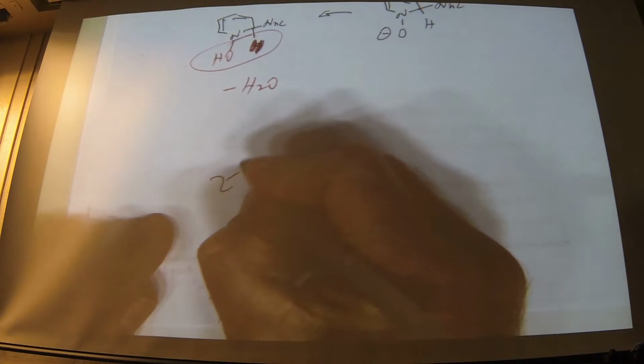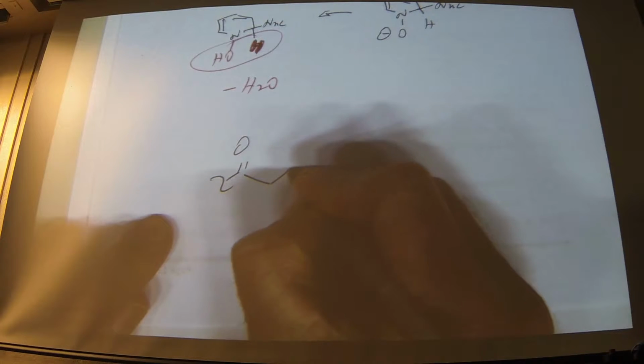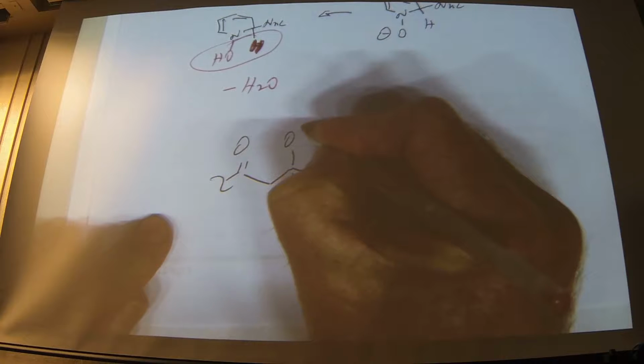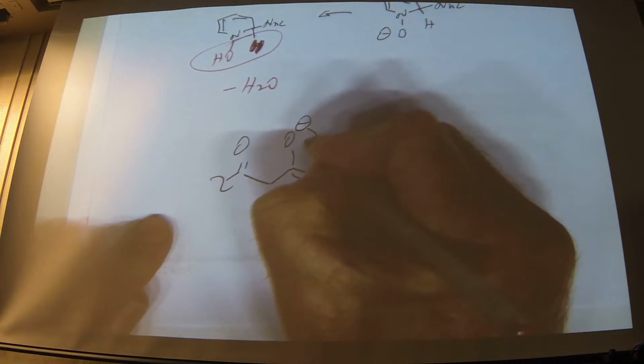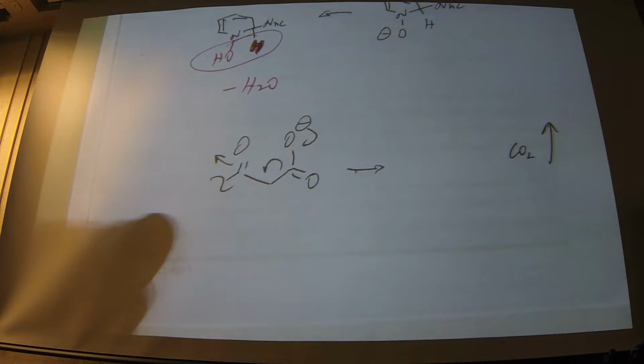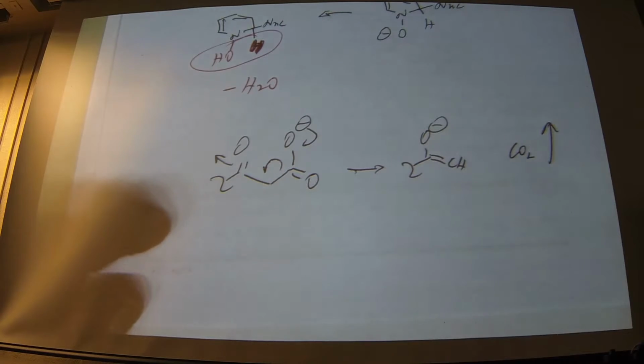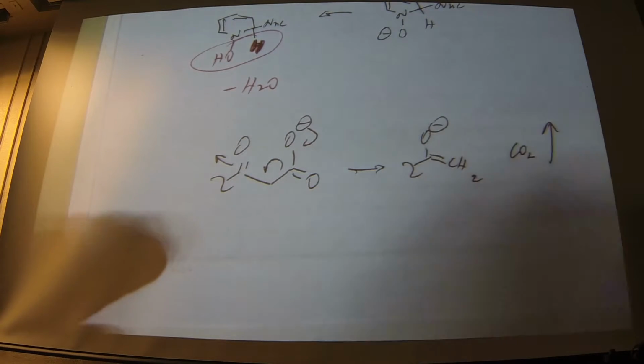If you have any kind of carbonyl, it doesn't have to be a ketone, by the way, it could be another ester or an acid. But if you have a hydroxy group like this, then you can get this kind of chemistry in base, which gives you CO2 as one product. That's volatile and it goes away. And you end up with the enolate of whatever it was, ketone or whatever, on the other half.